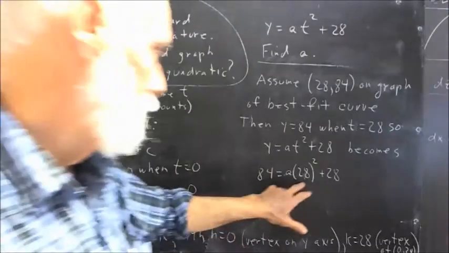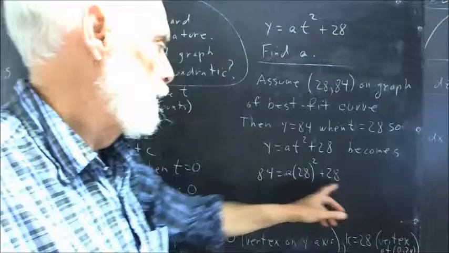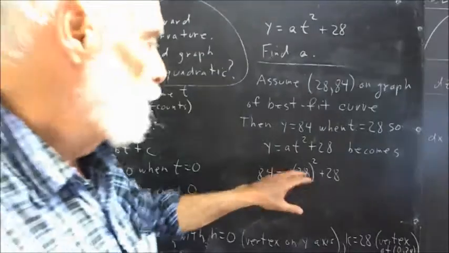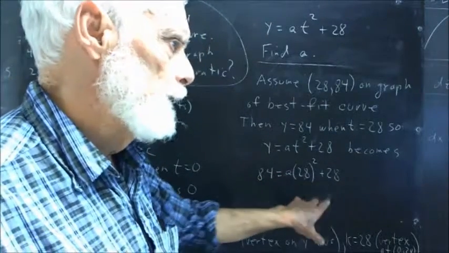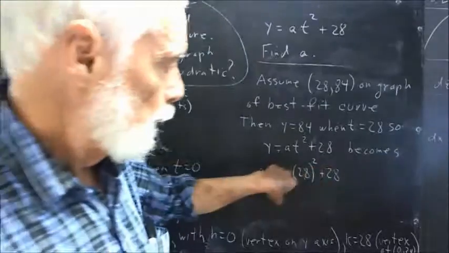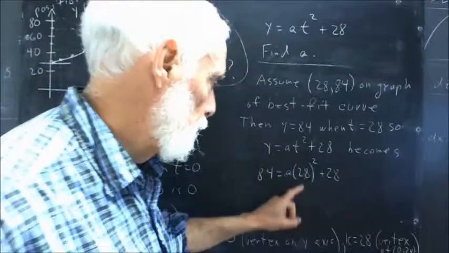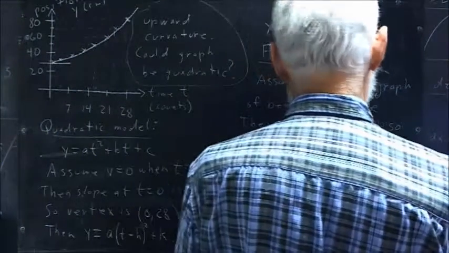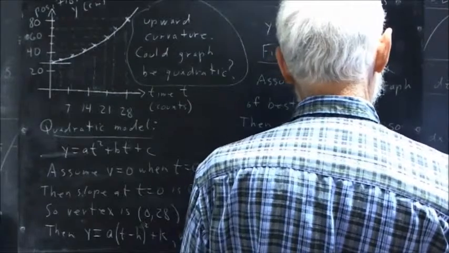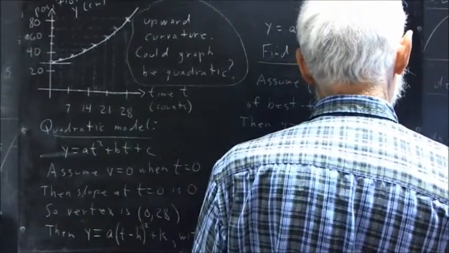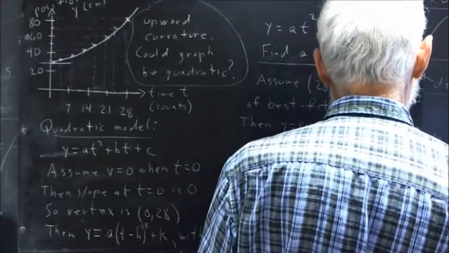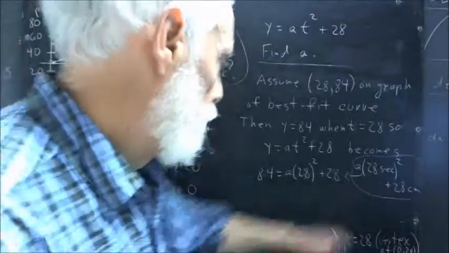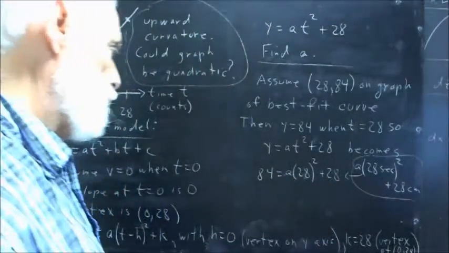That's an accident, and I wish I had avoided that because it becomes a little bit confusing about where these two different 28s come from, but they come from two different quantities that just happen to have the same numerical value. If we were including units with these quantities, we'd be able to easily distinguish. This is 28 seconds, this is 28 centimeters. So that would be a times 28 seconds squared plus 28 centimeters, which would distinguish these two 28s.